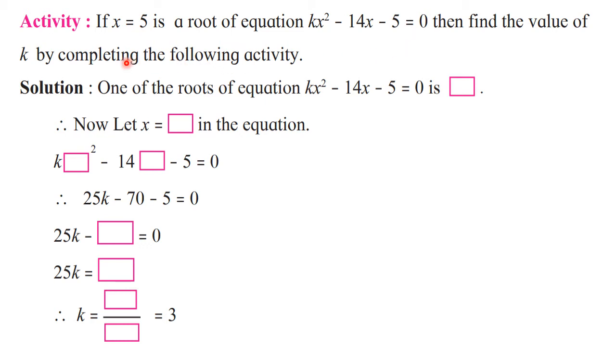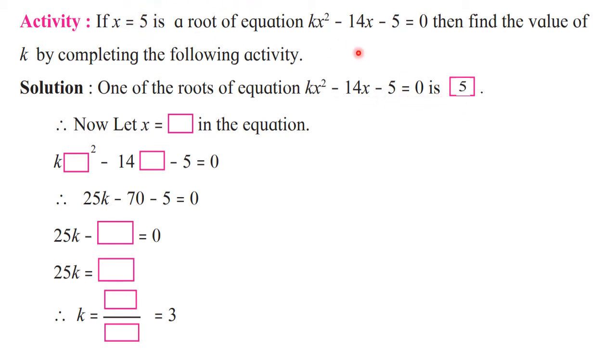So whenever you want to solve this activity, always your first statement should be from the question. You don't have to write down the word "if", and afterwards you have to write down the complete sentence as it is. One of the roots of the equation kx square minus 14x minus 5 is equal to 0 is 5.